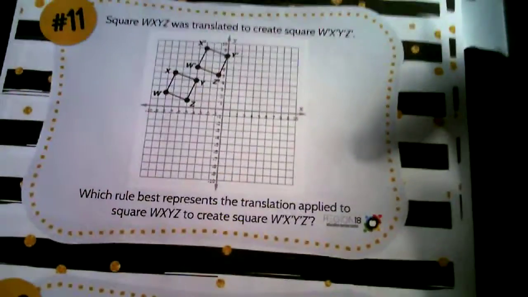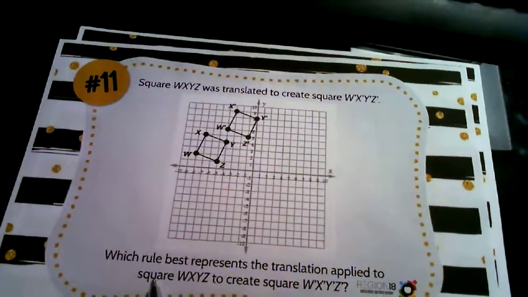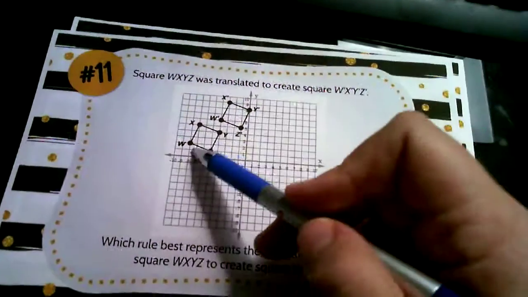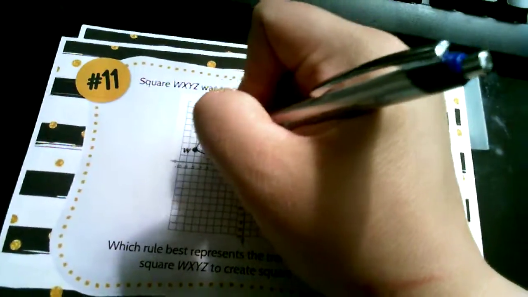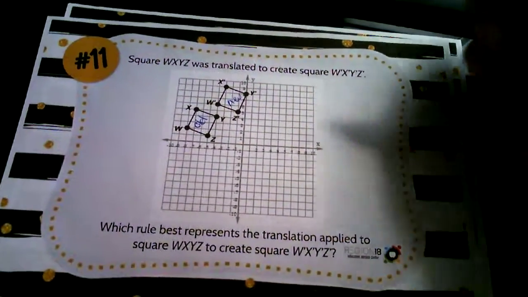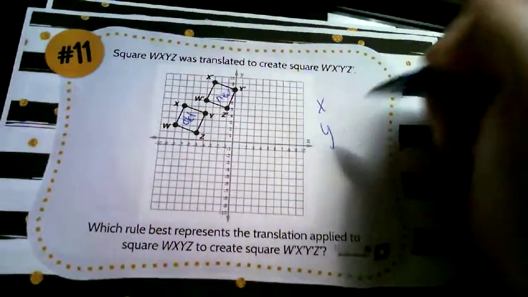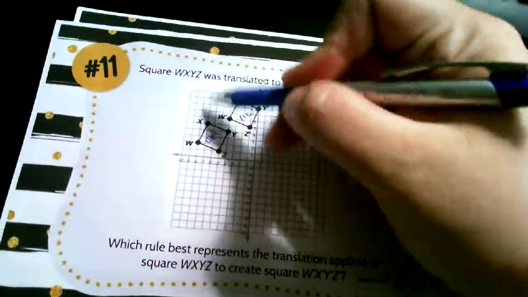Here we have a translation, and we just want a rule that describes the translation that is applied. Here's my old, and this is my new. So I need to see how many units. Does it go up or down for my y, and left or right for my x? So y goes up.